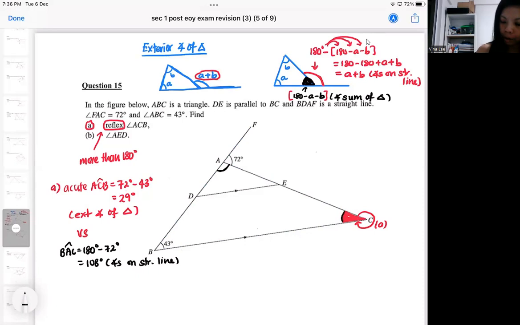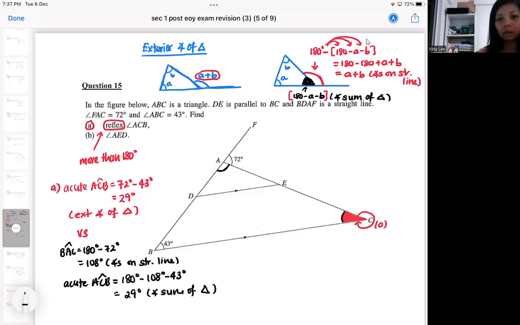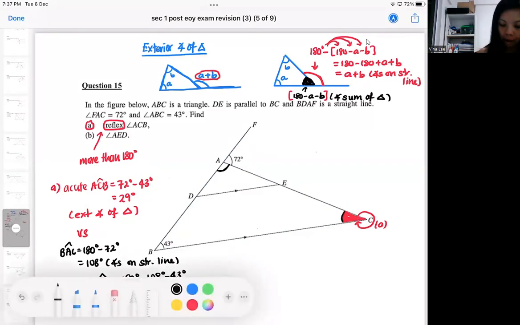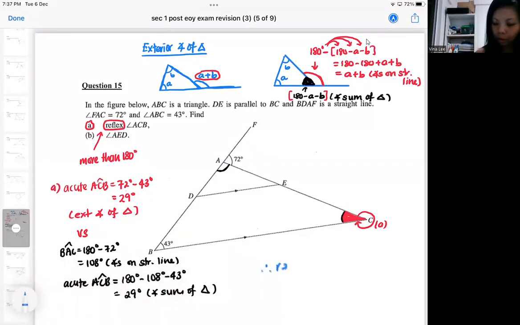Then I'm going to find acute ACB by using angle sum of triangle. So I will still get 29. So there are two ways of finding the acute angle ACB. Then eventually we can find the reflex ACB. So the reflex ACB will be this.